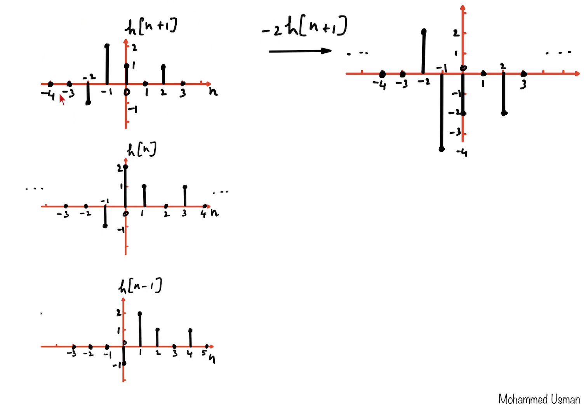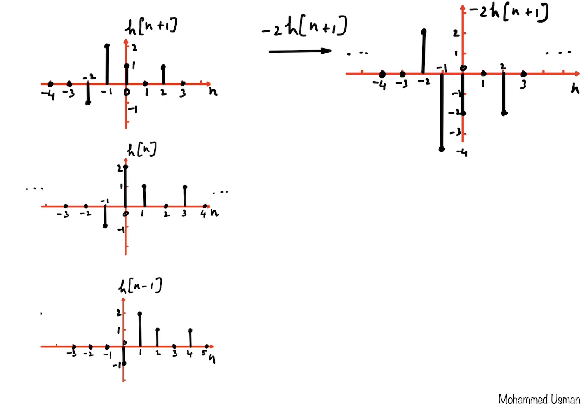So that's why we have multiplied h of n plus 1 with minus 2, scaled h of n plus 1 by a factor of minus 2. So each of these samples has got multiplied with minus 2, and we get this, which is nothing but minus 2 times h of n plus 1, with n on the x-axis.